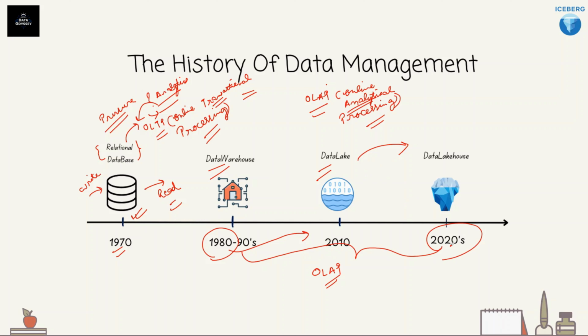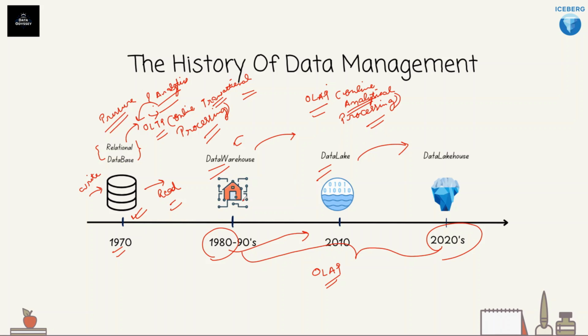There might be certain issues in the data warehouse because of which we evolved to the data lake, and then to the data lakehouse. So flaws in one system are the cause of evolution into a newer, better system. Now, what is a data warehouse basically?